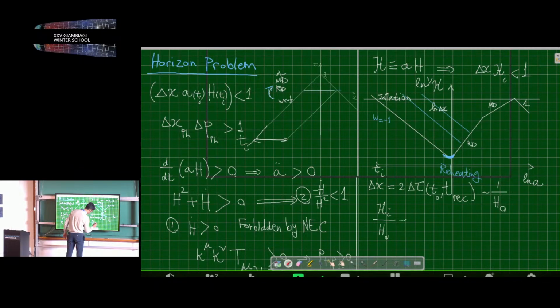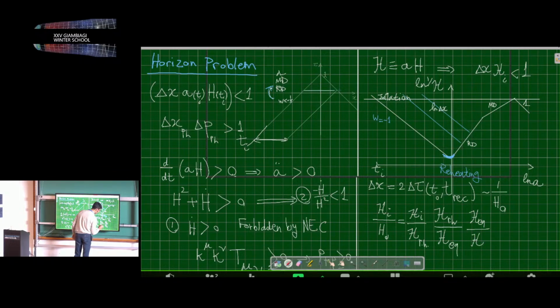Therefore we approximate this. First of all, I write this as H_I divided by H_reheating, times H_reheating divided by H_equality, times H_equality divided by H naught.